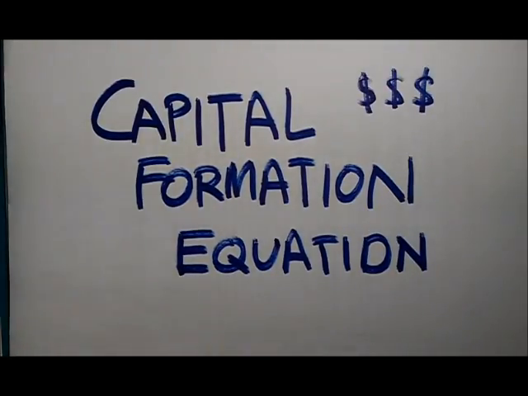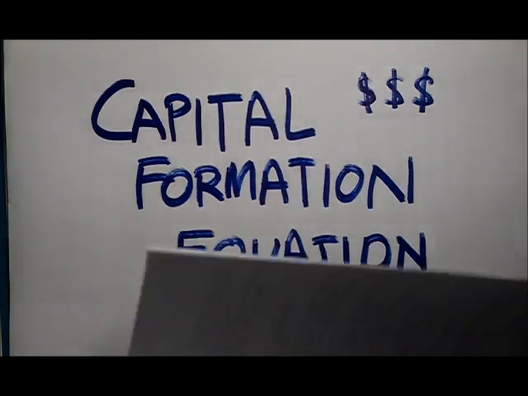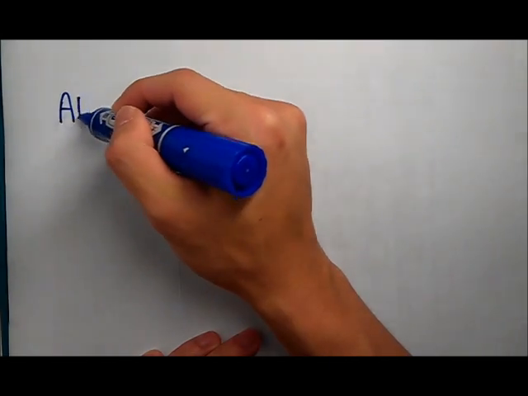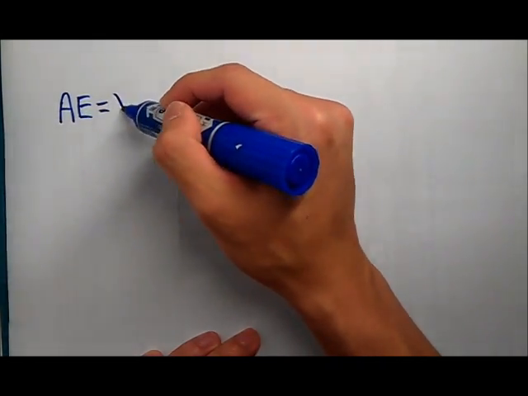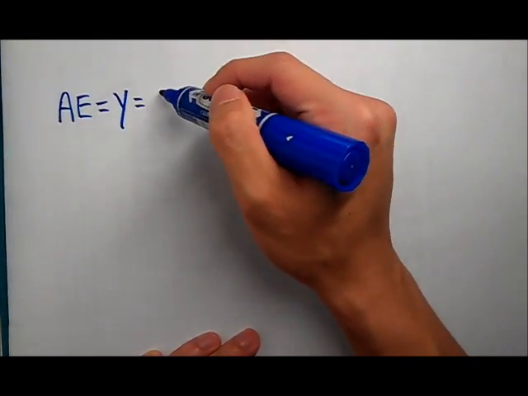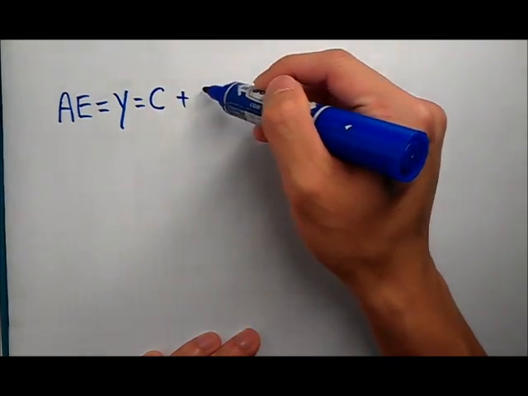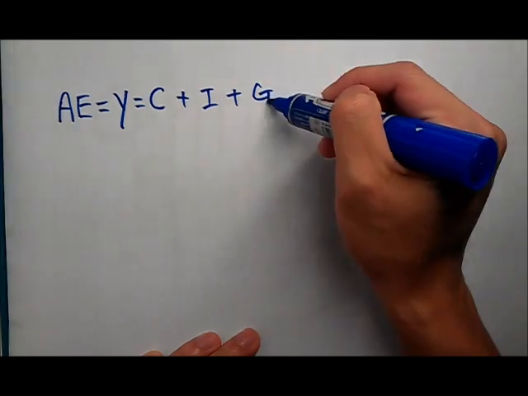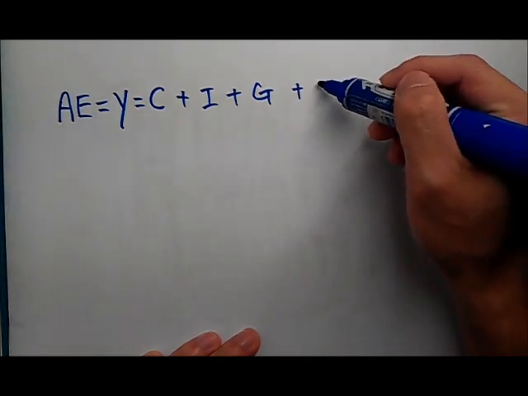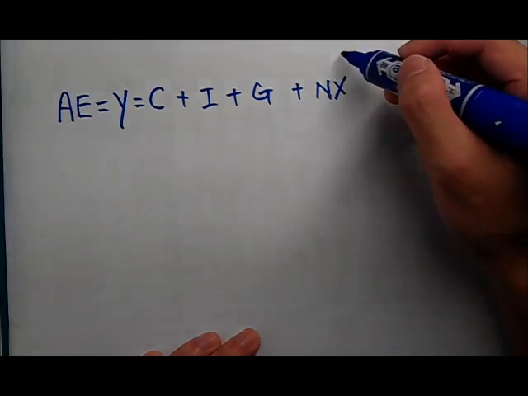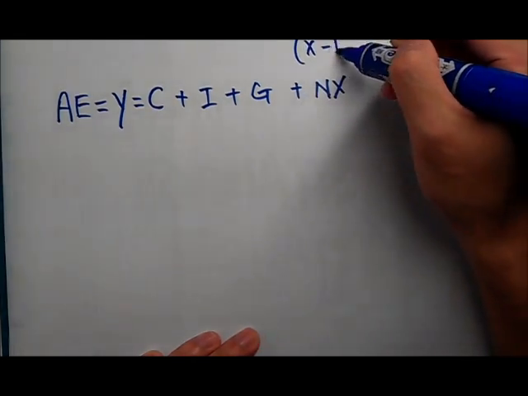The first one is our AE equation: aggregate expenditure, which at equilibrium also equals output. It's calculated by adding consumption plus investment plus government spending plus your net exports, which is exports minus imports.